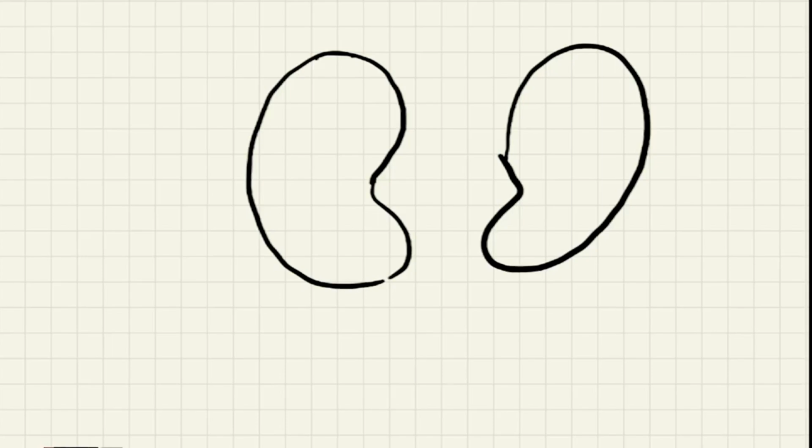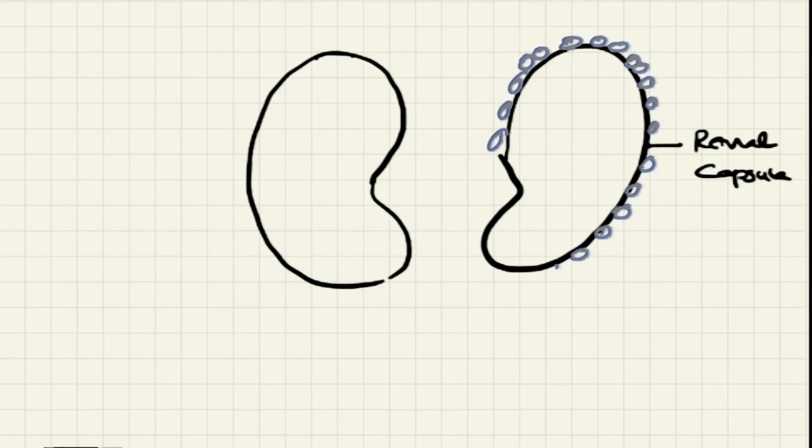One is the true capsule, that is the renal capsule. Surrounding the capsule, you have got a layer of fat. That is the perinephric layer of fat. It is surrounding the kidney. That is why it is called perinephric, around the kidney.